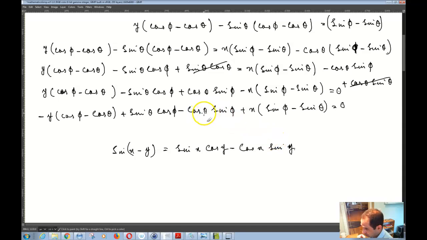So you can see that over here I can take theta as x and I can take phi as y, and you can see that I needed this to be a negative term over here so that I could use this formula.